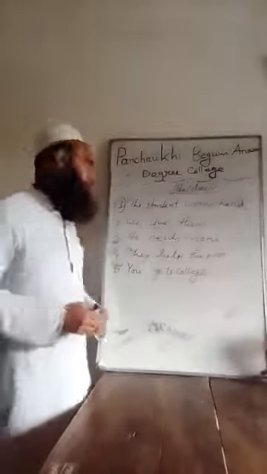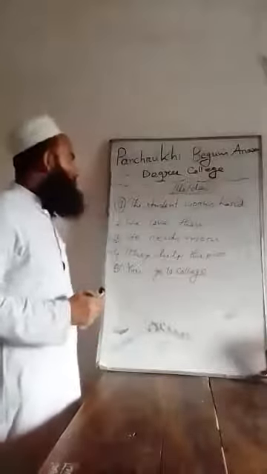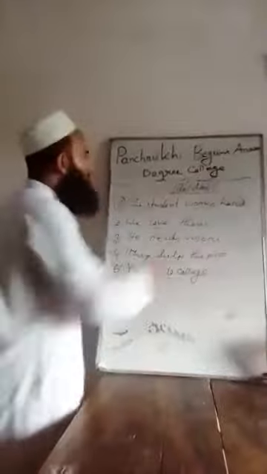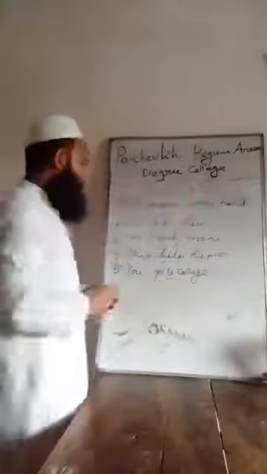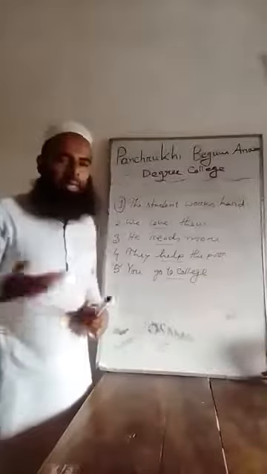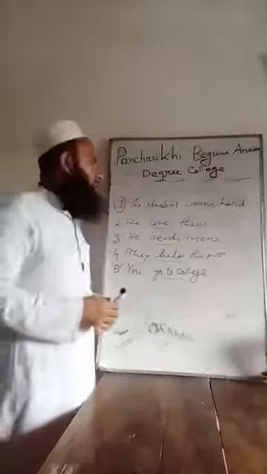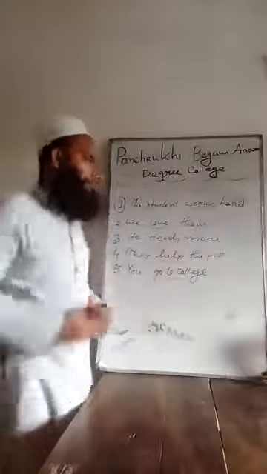The student, third person singular number. If we want to make the sentence negative or interrogative, we have to take the help of an auxiliary verb, as there is no auxiliary verb in the sentence.